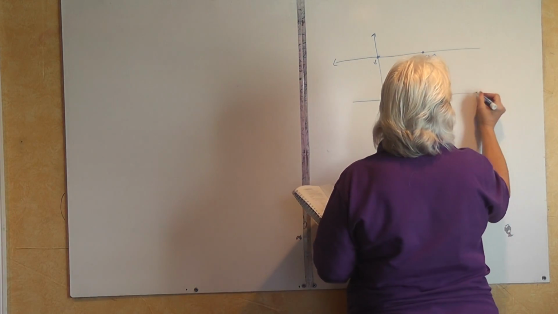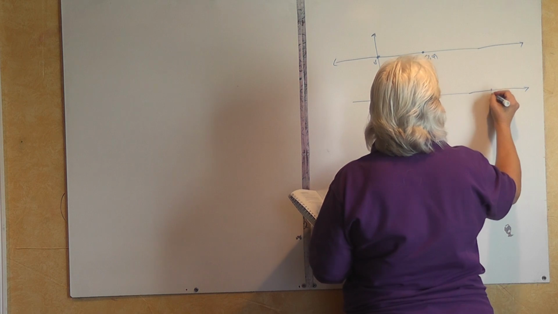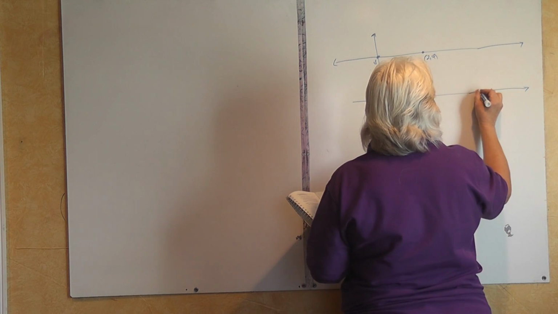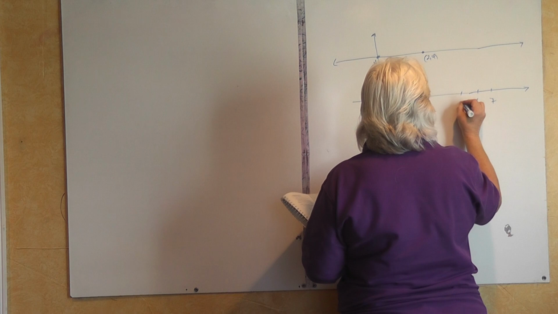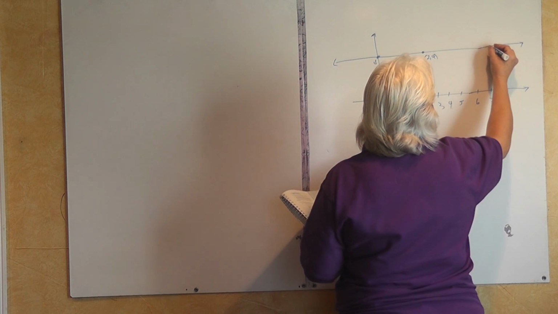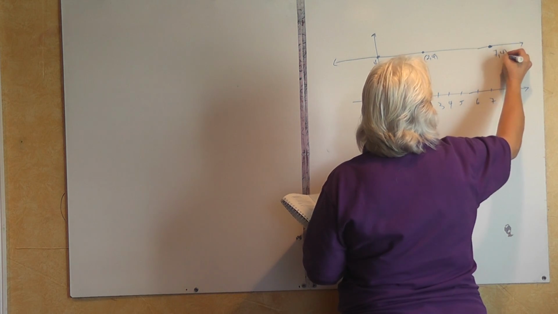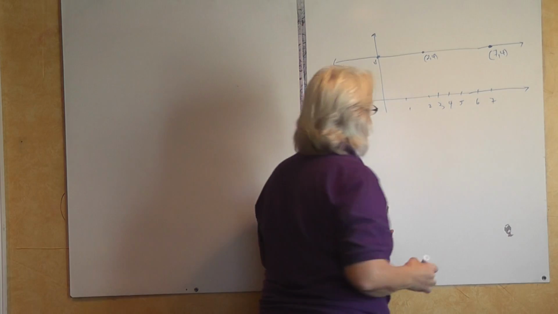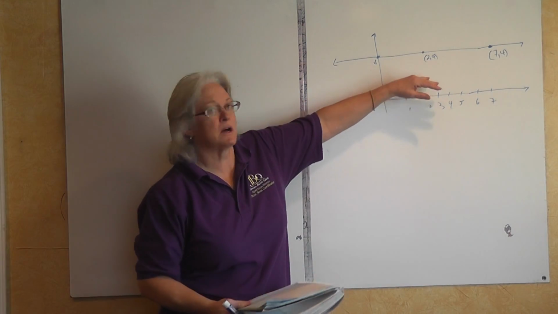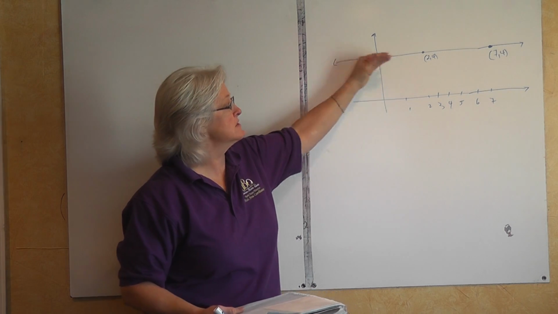Let me just go ahead and do exactly what they have here. We've got a horizontal line that's passing through 4 on the y-axis.